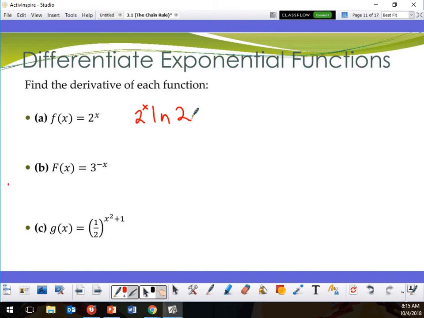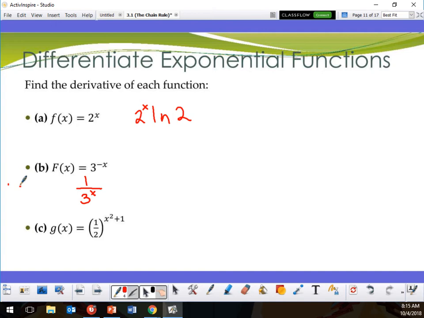How? 1 over 3. Very good, so it's rewritten as 1 over 3 to the positive x right here. Now, what rule is that going to be? It's a fraction. We could also call fractions what? Quotient rule. Very good. When we divide, it's going to be a quotient rule.